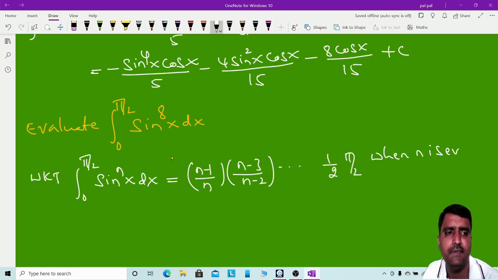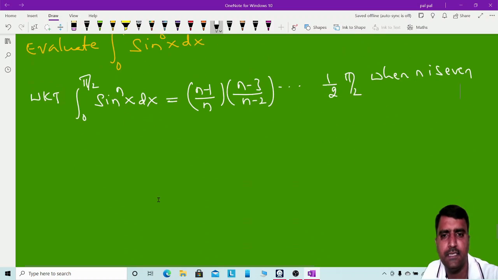n is even number. Okay, so put n is equal to 8 here.